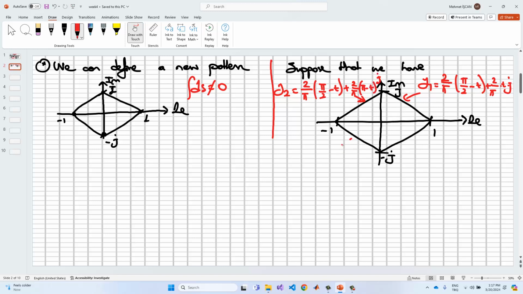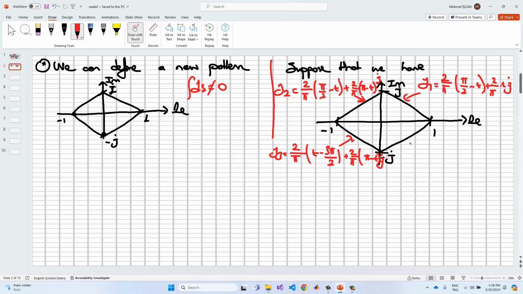j. And so the another signal is the y3. y3 is equal to what? 2 divided by pi t minus 3 pi divided by 2 plus 2 divided by pi minus t dot j.